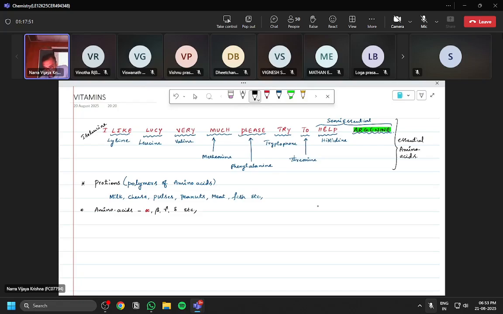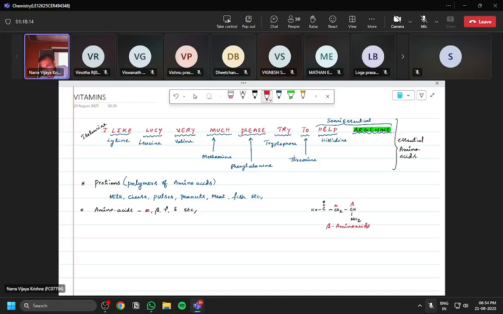For example, if you have COOH bonded to CH2, again bonded to CH NH2, then what do I call it? This is the carboxylic acid, the priority functional group. Then this is the alpha carbon, this is the beta carbon. Then I call it a beta amino acid.